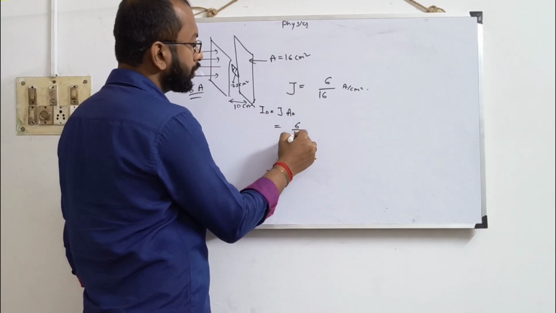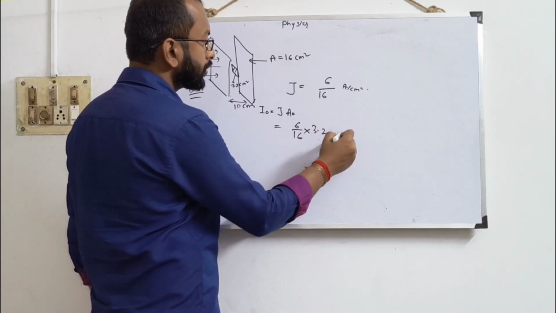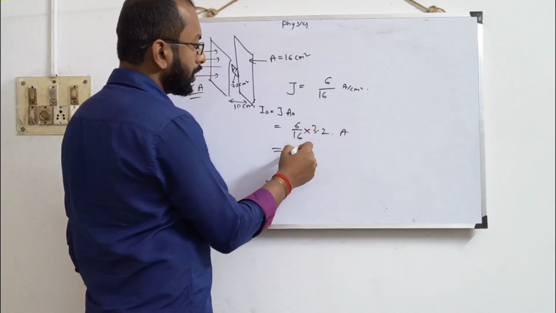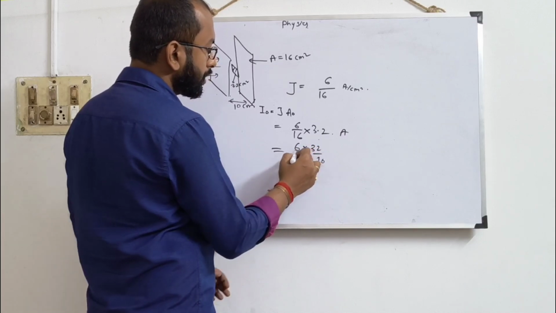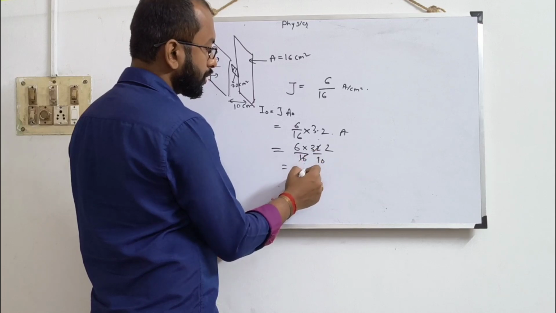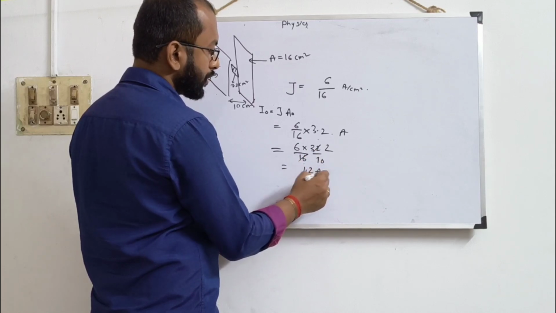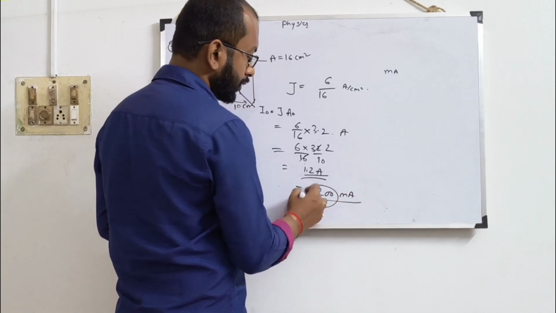J value we already know, 6 by 16, and the area of this we got, so ultimately this is in ampere. So 6 into 3.2 by 16 is 1.2 ampere, 1200 milliampere. So answer is 1200.